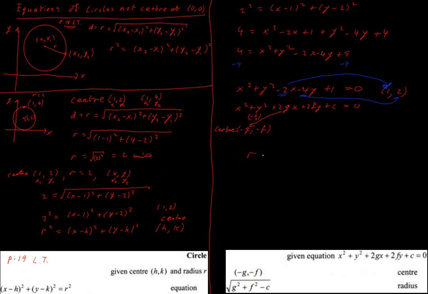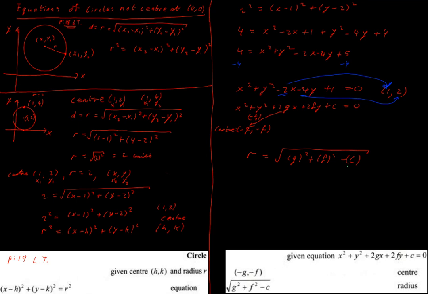So my radius is going to be the square root of g squared plus f squared minus c. That's the formula down at the bottom of the page here. G and f, minus g and minus f are the centers of the circle. C is the number on the end here, the constant term on the end here.